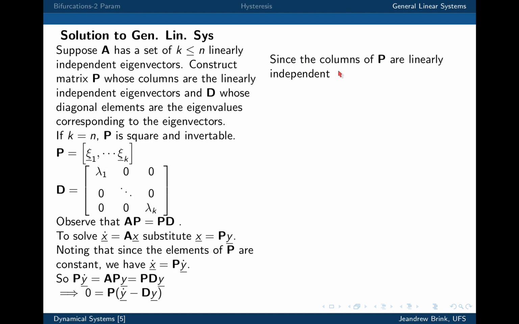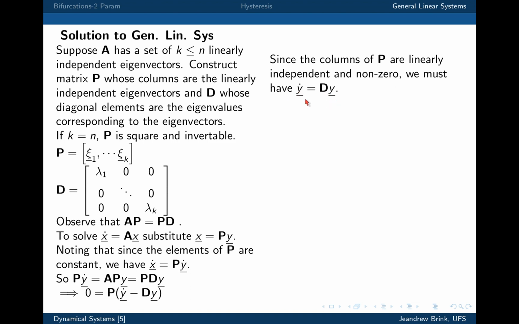Okay, and here's the reason. Since the columns of P are linearly independent and non-zero, we must have that y dot equals Dy. So we're now getting a differential equation for y rather than x, but it is a much easier differential equation.